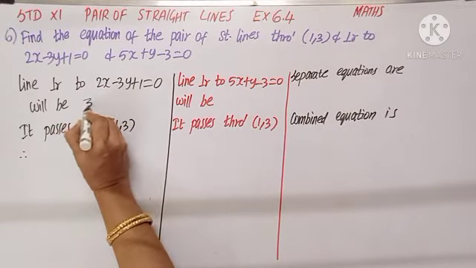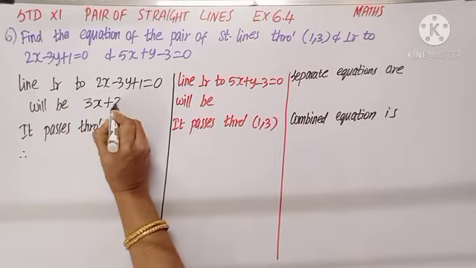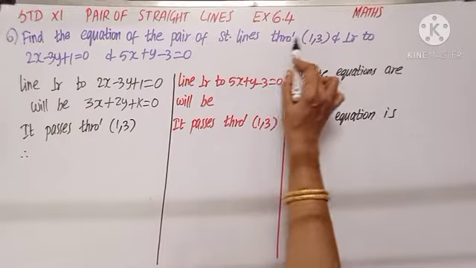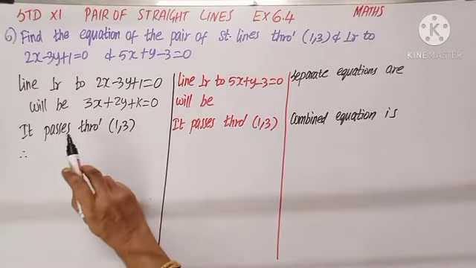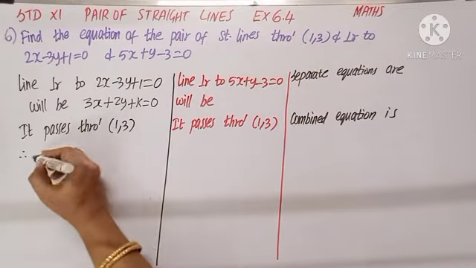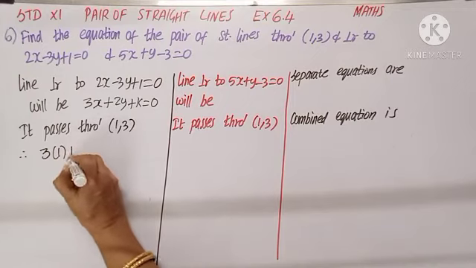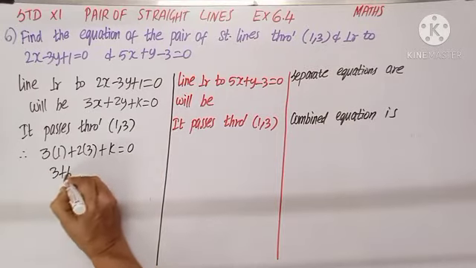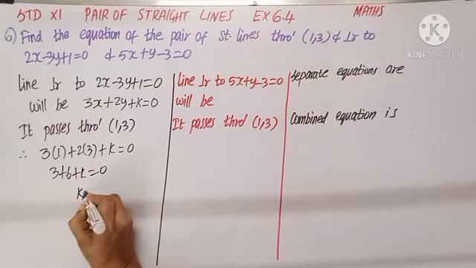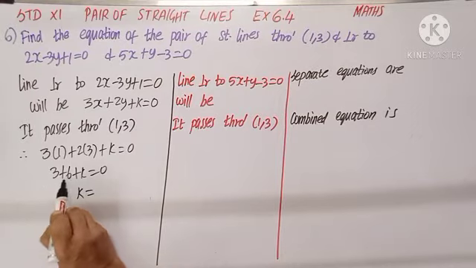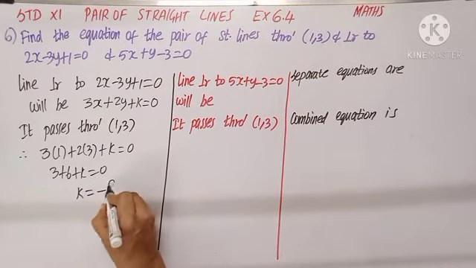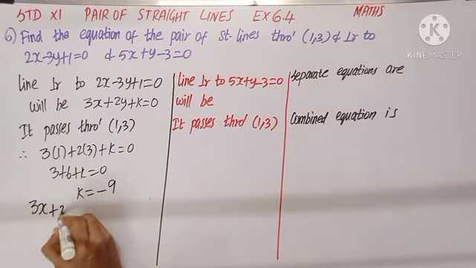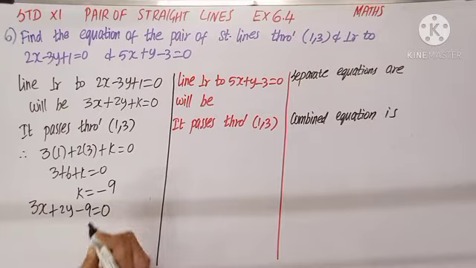So it is 3x plus 2y plus k equal to 0. It is passing through (1, 3), so this must satisfy the equation. 3 into 1 plus 2 into 3 plus k equals 0. 3 plus 6 plus k equals 0, so k equals minus 9. So what is the perpendicular equation? 3x plus 2y minus 9 equal to 0.